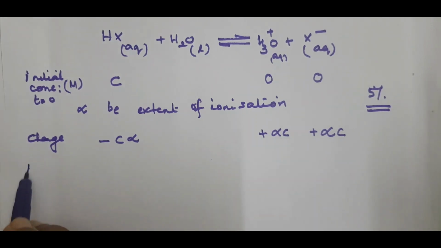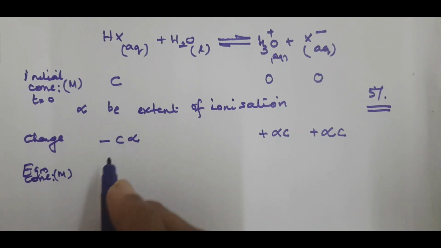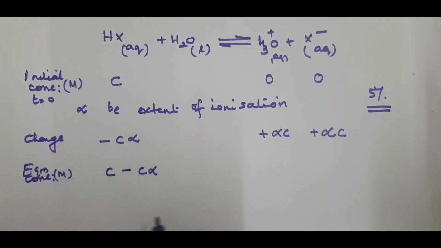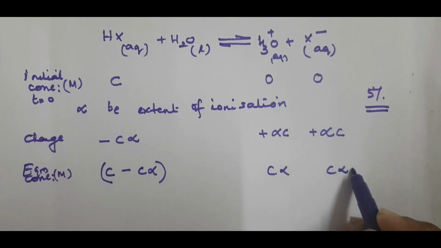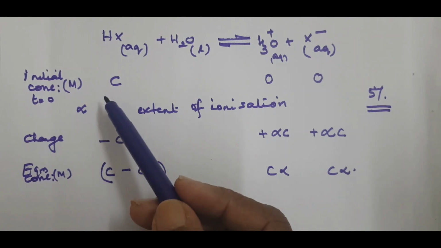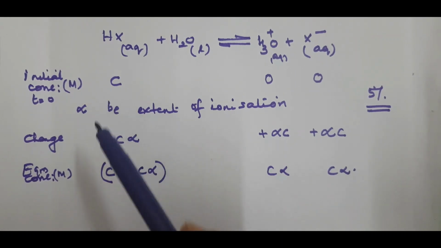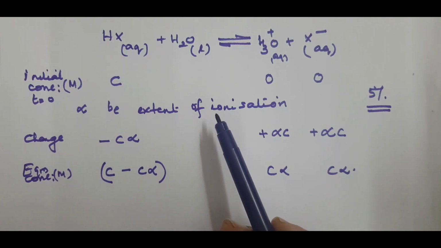Now, what will be the equilibrium concentration in molar? Initially it is C, and the change is C alpha. So at equilibrium the concentration is C minus C alpha, and here it will simply be C alpha, and here also C alpha. What is C? C is the initial concentration. What is alpha? Alpha is the extent of ionization.